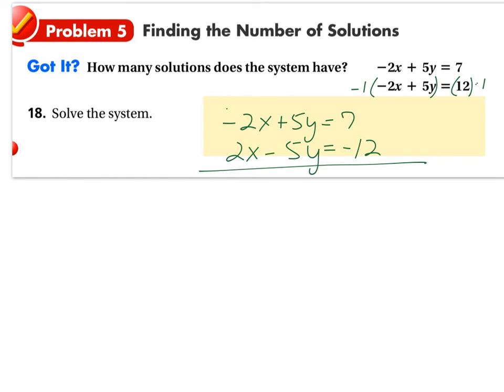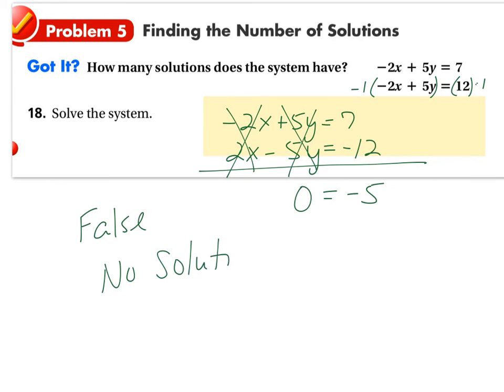So if you look at this, these cancel and these cancel. So I have 0 equals -5. Well, is that a true statement or a false statement? It's false. So there is no solution. So these two equations do not create lines that cross.